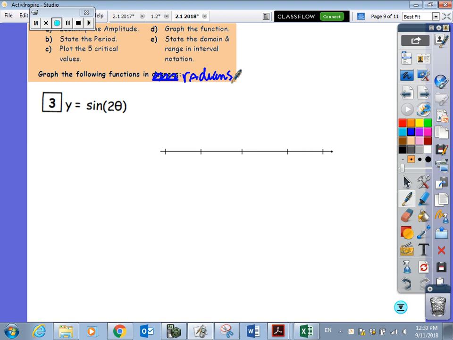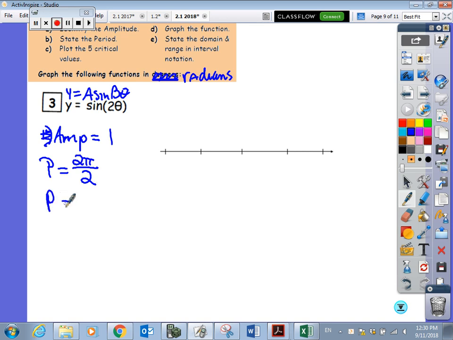All right, so first, the amplitude. The amplitude is this number out in front, y equals a sine b theta. So the amplitude is just 1. The period equals 2 pi over b, which is 2.